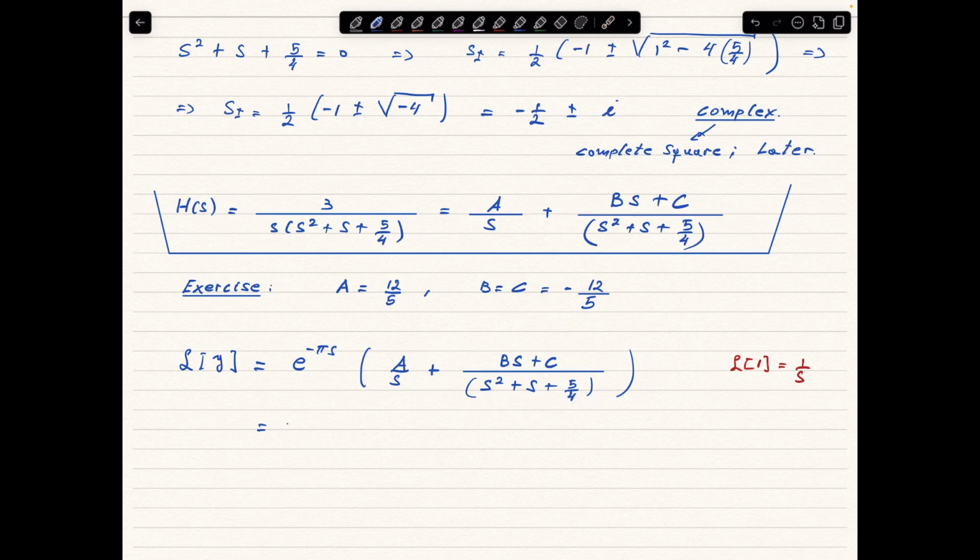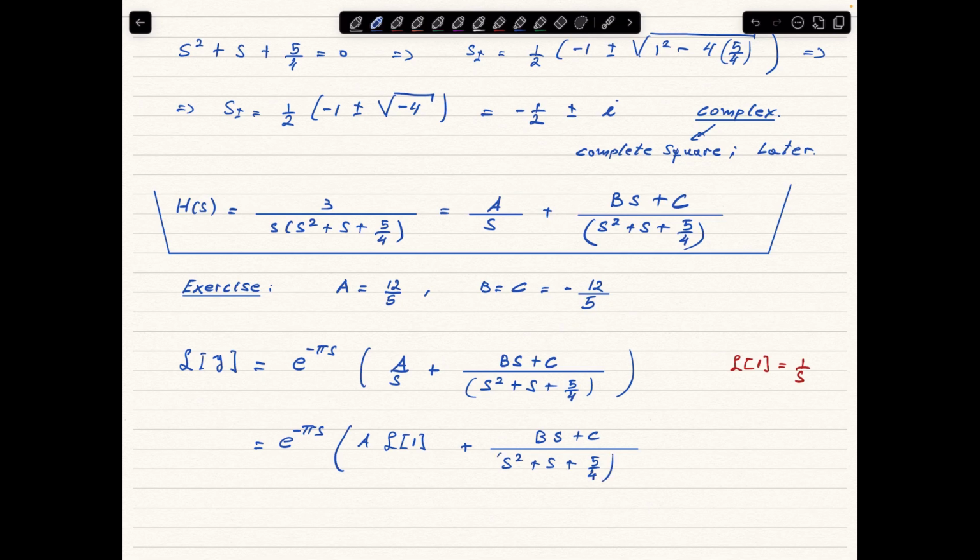What we have is exponential minus pi s, and now here we have a Laplace transform of the function 1, and here everything is the same, so we haven't worked yet. So let's keep it as b times s plus c, and down here s squared plus s plus 5/4.